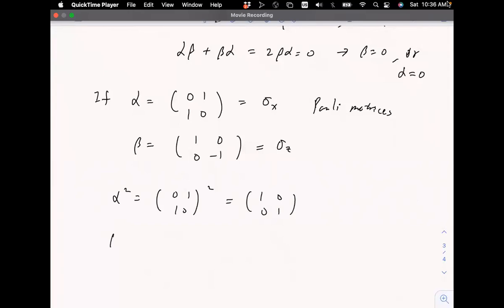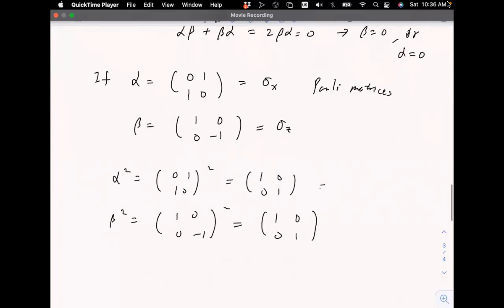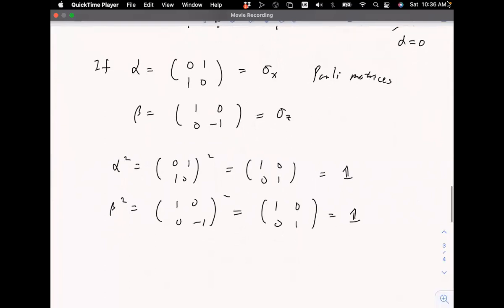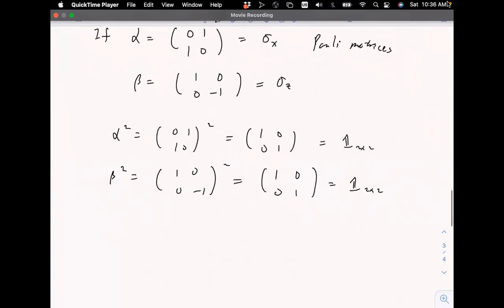The same for beta. You can easily confirm that this will be 1. Okay, you can call it 1, 2 by 2. And you can also confirm that alpha beta plus beta alpha will be 0.